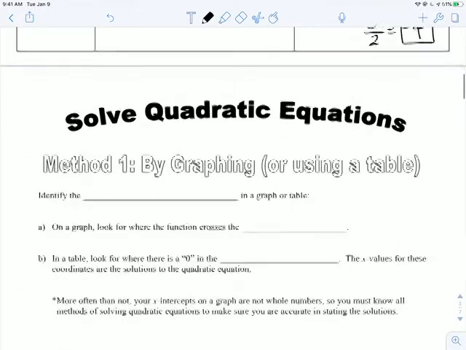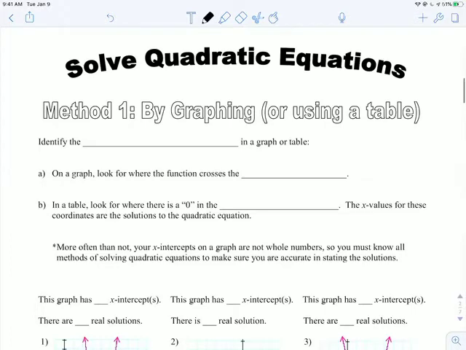All right, so let's come on down and focus first on graphing. So when you're going to solve by graphing, you need to identify your x-intercepts because that's what the solution is, an x-intercept.